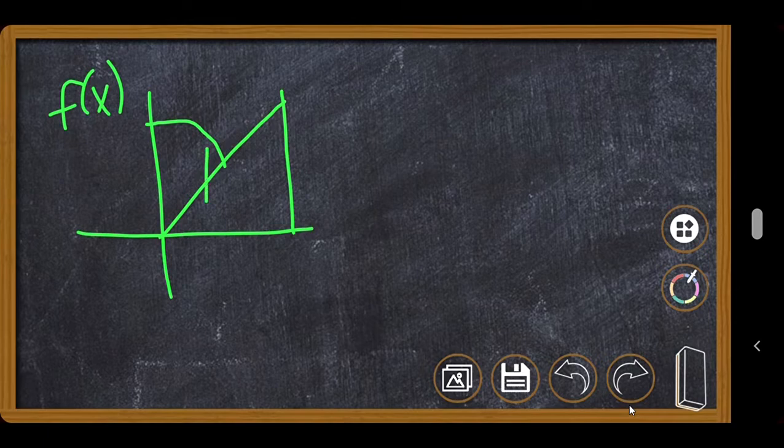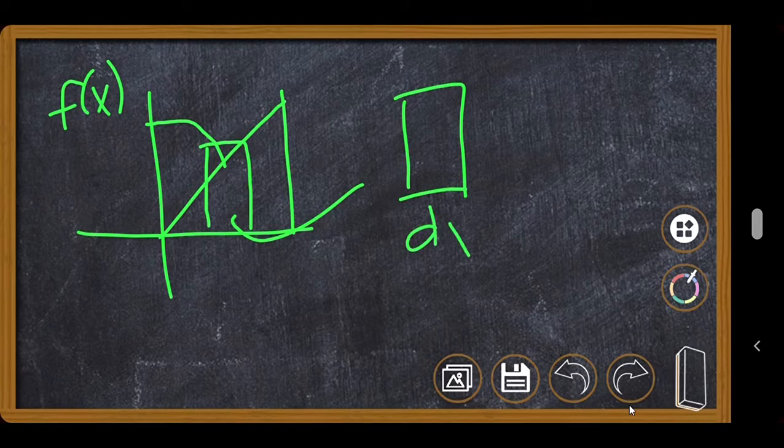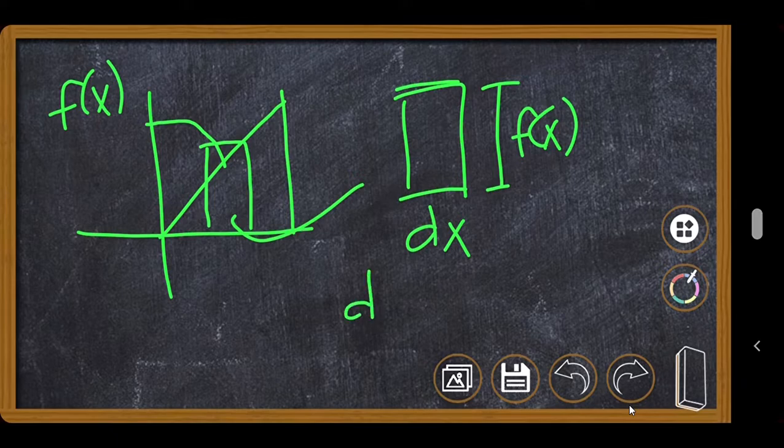Now let's make an infinitesimal or very small rectangle right here with length of dx and with width of f of x. It's so small that this one right here becomes horizontal. And let's define our differential volume, the volume of our rectangle revolved around the axis.